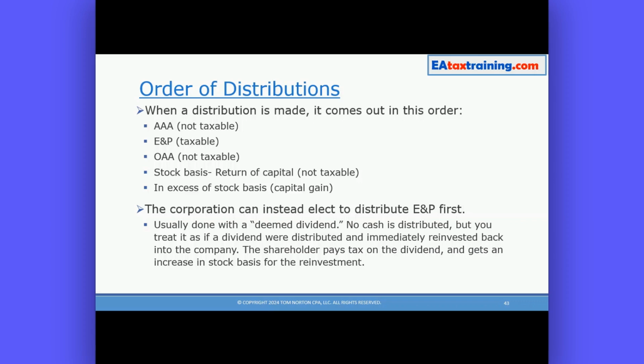Let's say the corporation has a loss for the year, and let's pretend there's just one shareholder here to make it easier to explain. So you've got one shareholder of the S Corp, and let's say that that shareholder has zero basis in their stock. So they've got no stock basis.